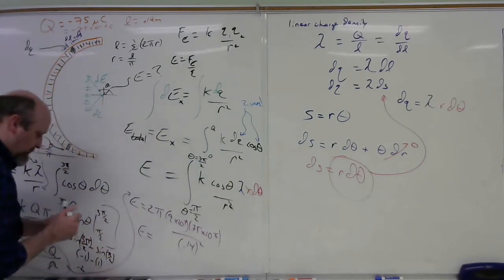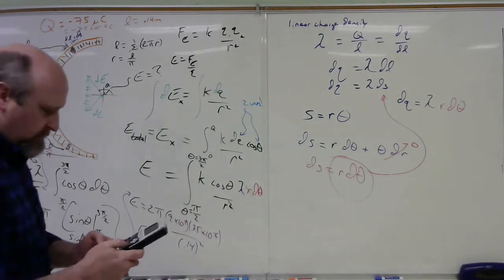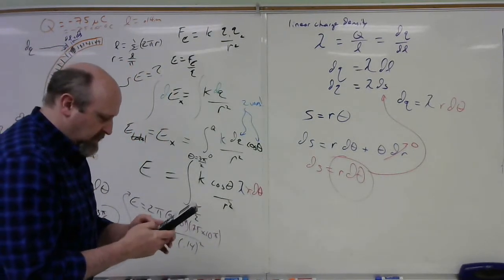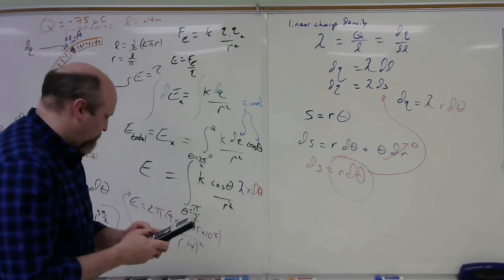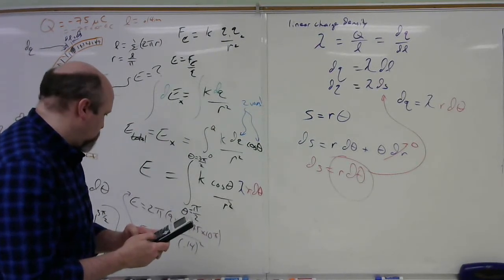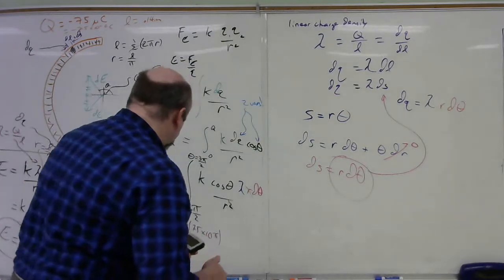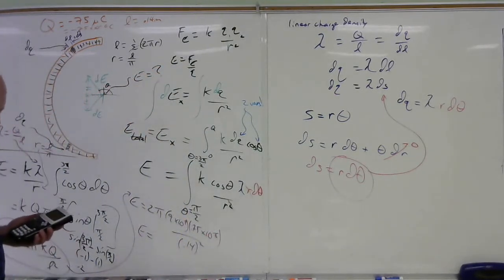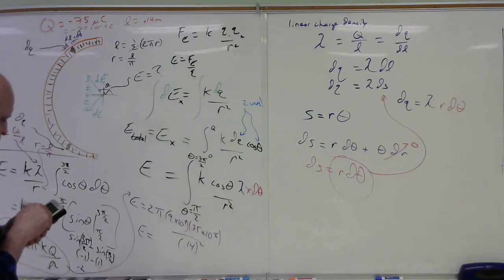And if I punch that in my calculator, okay, I get a ridiculously strong electric field, actually, out of this. That makes me nervous when I get a value this big, but we're going to go with it.